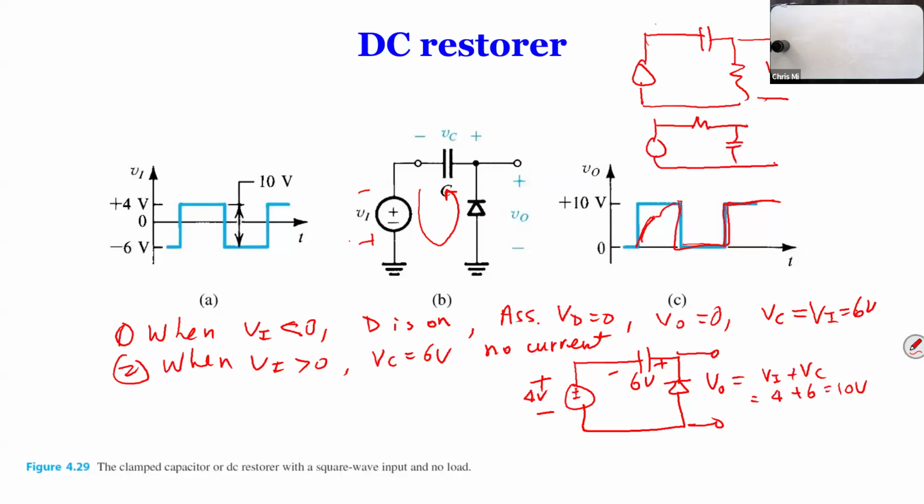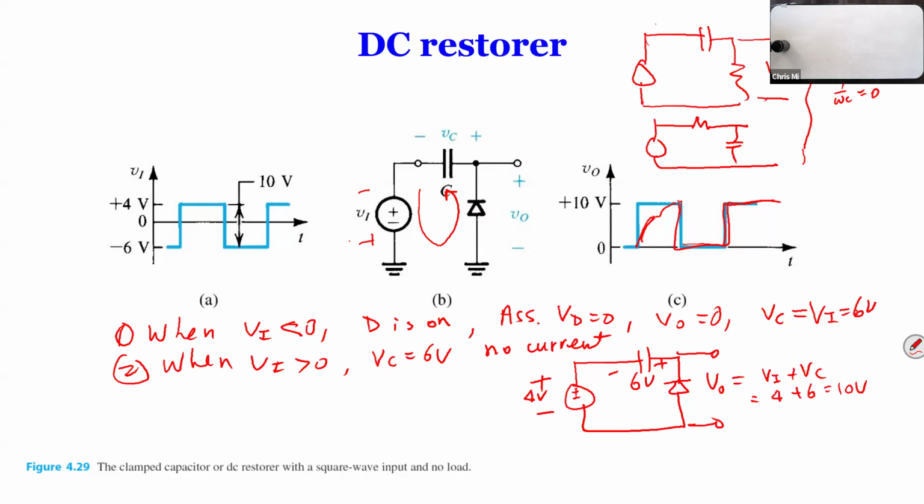The reason you identify high pass or low pass is you look at the impedance of the capacitor. The impedance of a capacitor is 1 over omega C. When omega approaches infinity, 1 over omega C approaches 0.